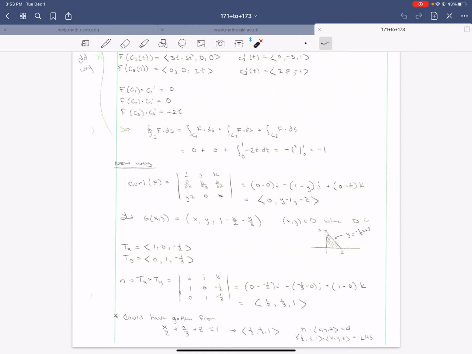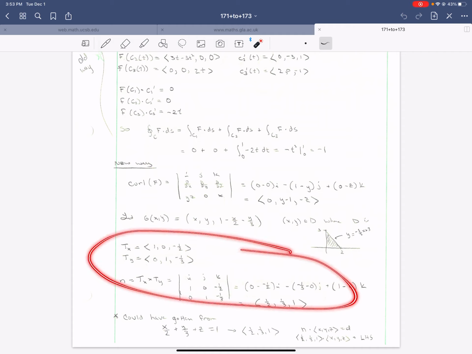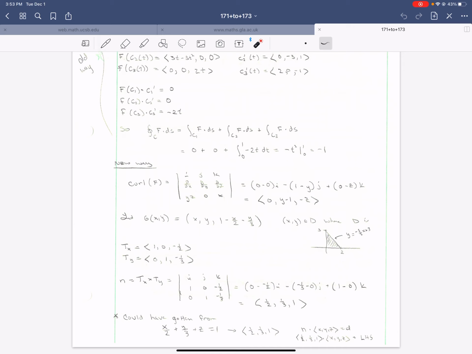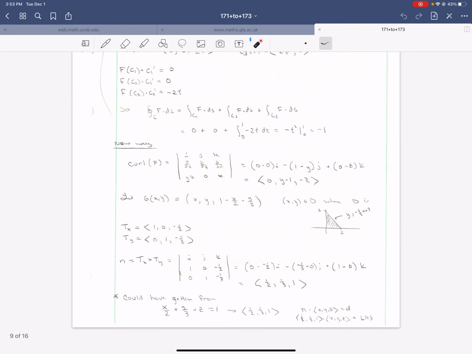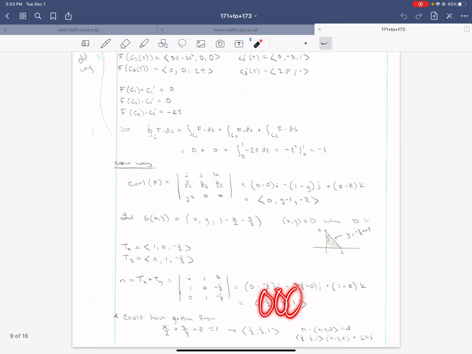Now here's the thing on this. That was kind of a lot of work in all of this, but we knew the normal vector in there because you can see a half is on x, and a third is on y, and a 1 is on z, and a half and a third and a 1 right there.